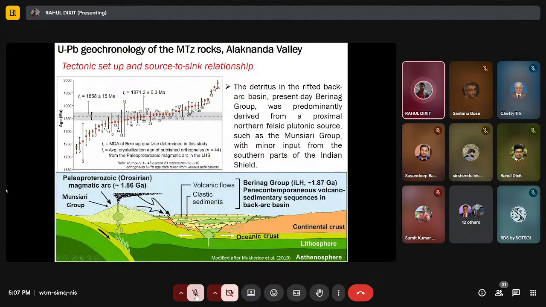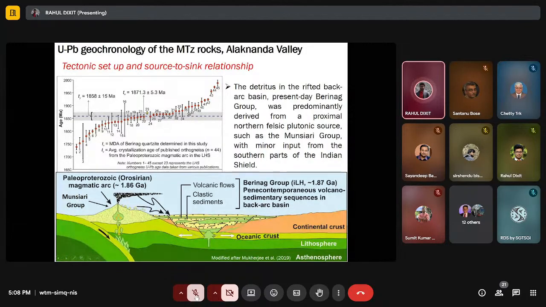For that, we tried to look for the magmatic ages of the overlying magmatic arc, which is basically represented by the Munshari group. In this graph, we took a total of 45 published ages of the orthogneiss, which represents the Paleoproterozoic magmatic arc in the Lesser Himalayan sequence all along the Himalayan orogen, and we plotted them on this graph and compared the average age, that is ty.